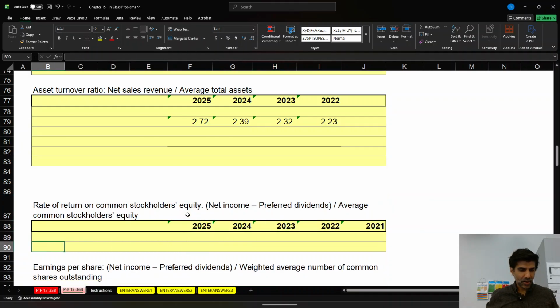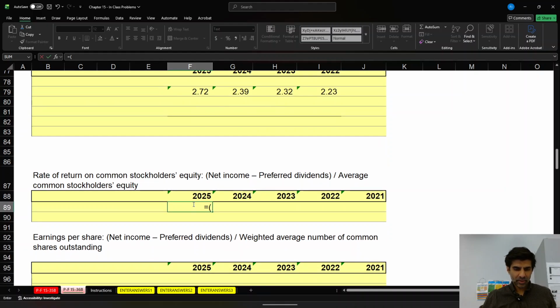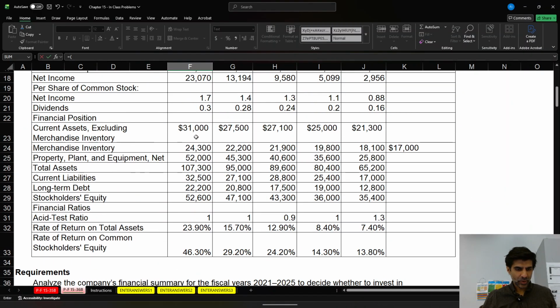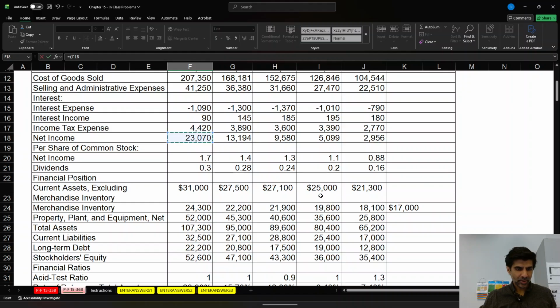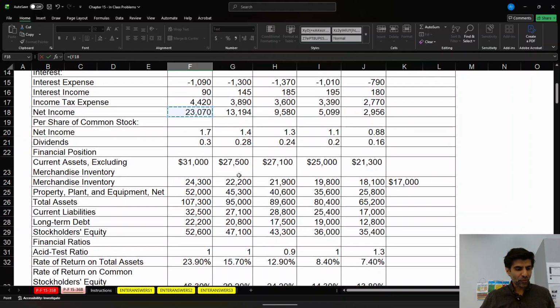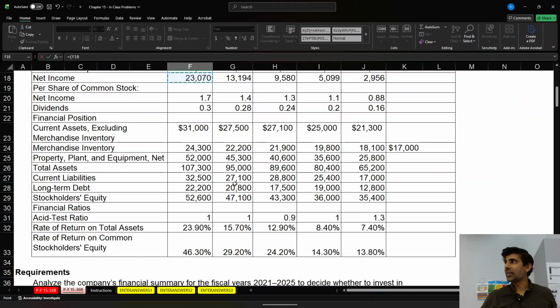Okay, so you take the net income, which is again this cell F18. At least from what I see here, there's no preferred dividends, so we don't need to do anything with that. Maybe we don't have any preferred stock.